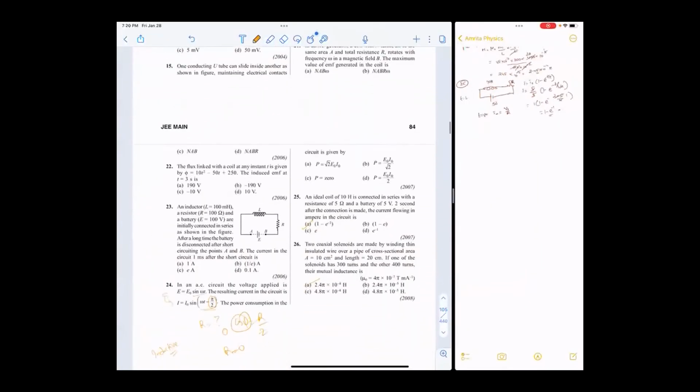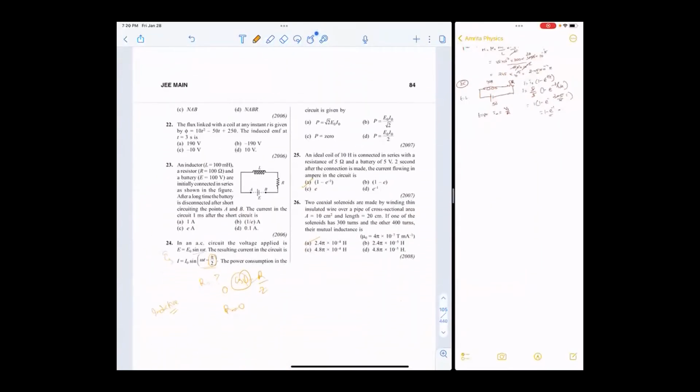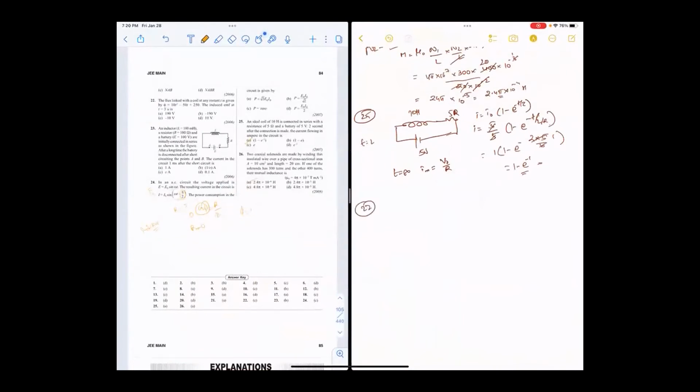This one. So we are done around 3 in this. Flux 5, the induced EMF at 3. So again, I'm not able to see myself. So the flux is equal to... EMF is equal to minus d phi by dt. So it is minus of 10 t square, 20t minus 50, right?